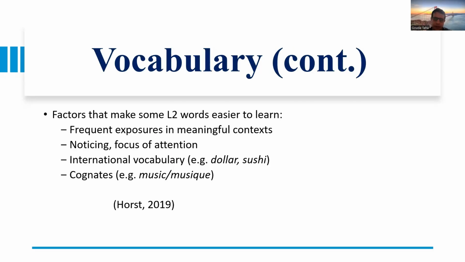Also, there are some factors that make second language words easier. One of them is exposure in meaningful context, and noticing, of course. Noticing is the idea of identifying a new word, being aware of this new word, and starting to take up this word, to add it to your system.